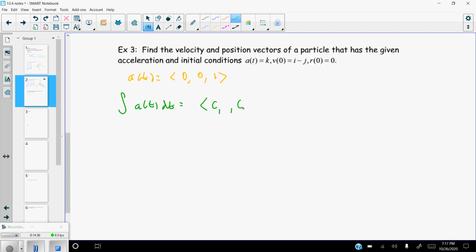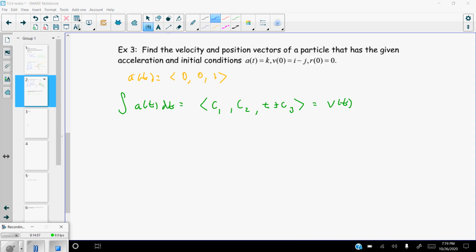I'll end up with another constant, I'll call it c2. And then the last one, I'm just going to end up with t plus a third constant, c3. That's our velocity function. But we have to find those values of c. But it does give me an initial condition. It tells me that the velocity at 0 has to be i minus j.